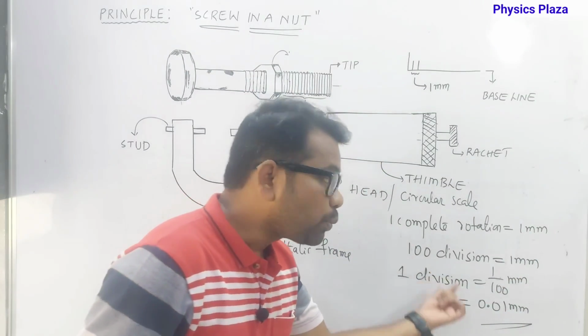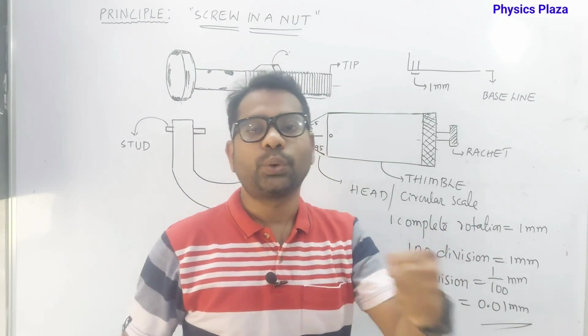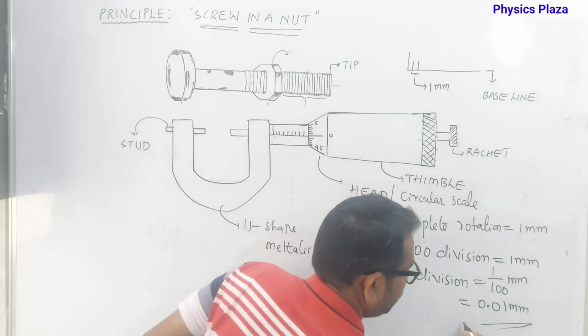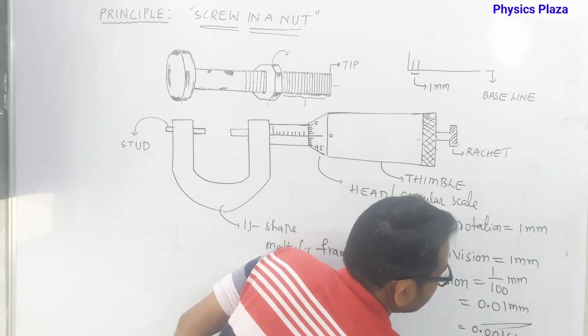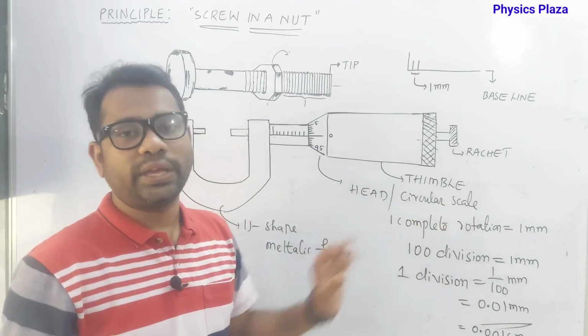So this is the smallest measurement that we can take with the help of screw gauge. That is, 2 decimals of a millimeter, or we can also say 0.001 centimeter. This is the least count of the screw gauge.